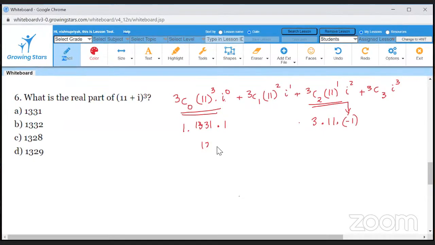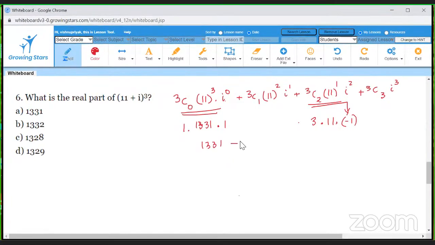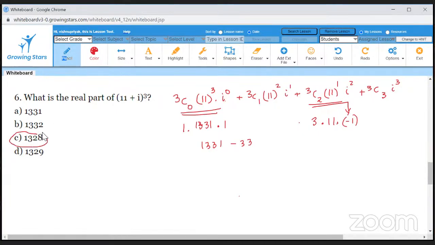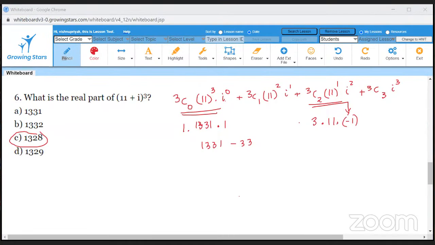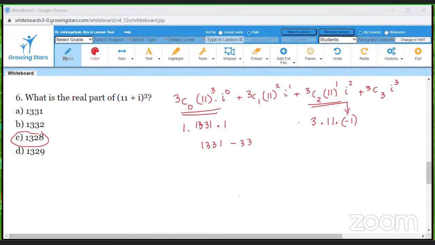So here 1331 minus 33. And that, when you take it, 1328. Option C. Correct. What you said is option C is correct. Next.